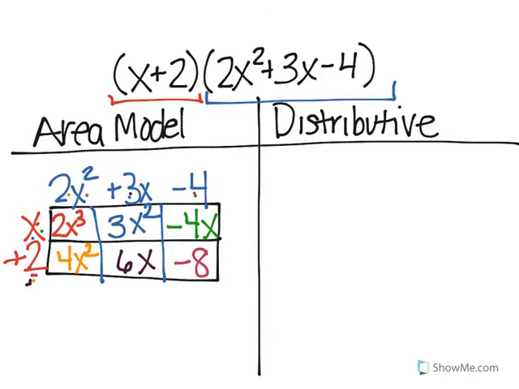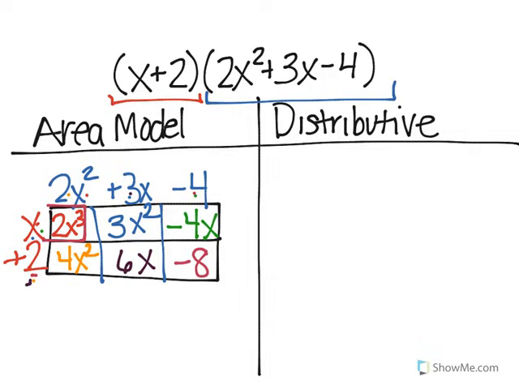One reason that I love the area model is because now that I have all these partial products, I need to combine my like terms, and my like terms are on the diagonal. I always want to write that trinomial, or polynomial in this case, in standard form with the highest degree first.